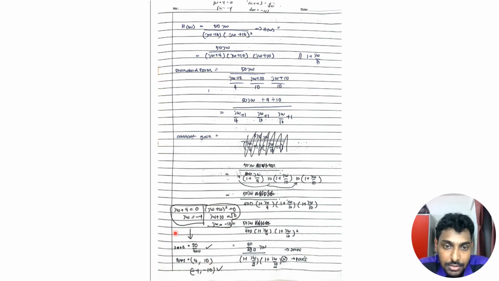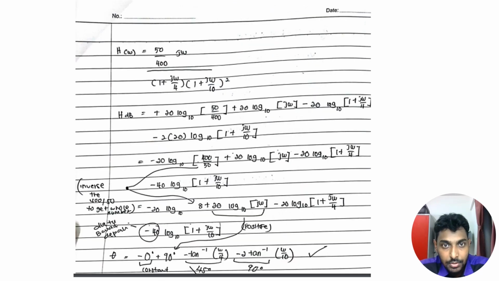So the new zero will be 50 over 400, and the poles will be -4 and -10, based on the equation set equal to 0. This is our new equation converted from the transfer function to the standard form with constant gain.